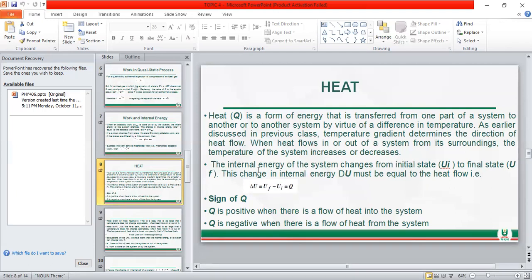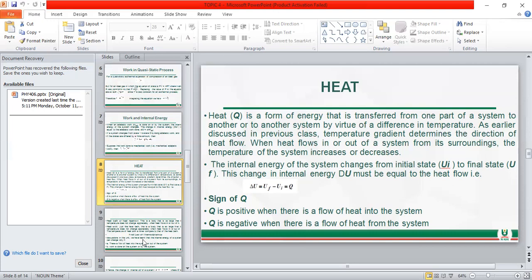That means the Q there is what? Positive. When Q is positive, there's a flow of heat into the system. That means the system has gained heat. But when Q is negative, the system has lost heat to the surroundings.